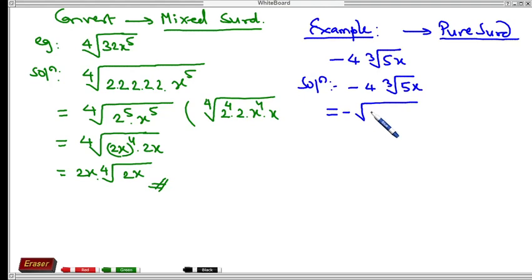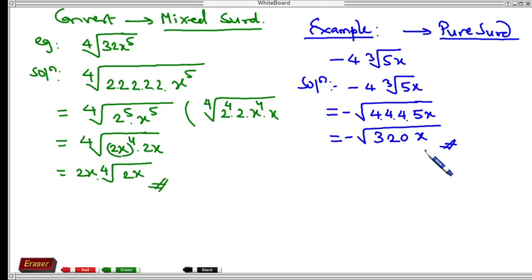You can write 4, 4, 4 and 5x. The product of this is 4 times 4 times 4, which is 64, times 5, 320x.